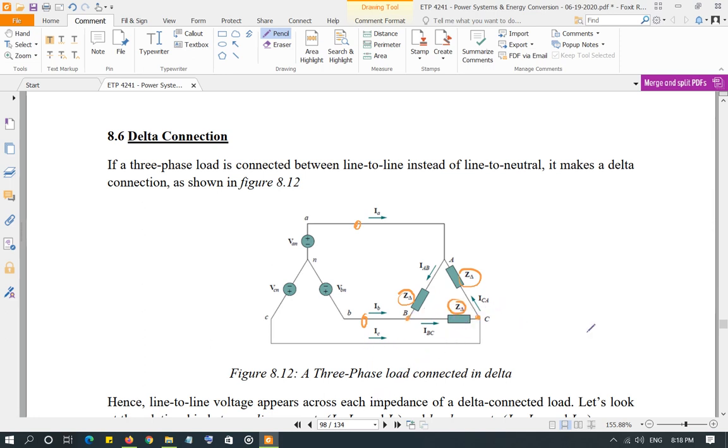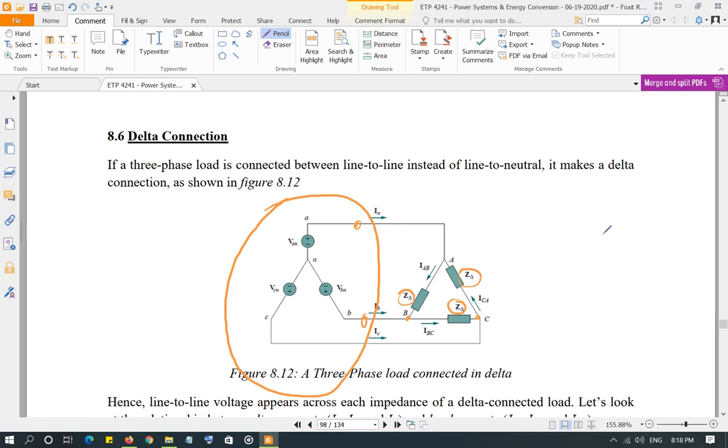Again, delta connected load will always be connected between line to line. Anytime a question is given to you and it is mentioned load is delta connected, the first thing you're gonna do when you're drawing the circuit diagram is show the load connected between line to line. You don't have to show the whole three-phase circuit.